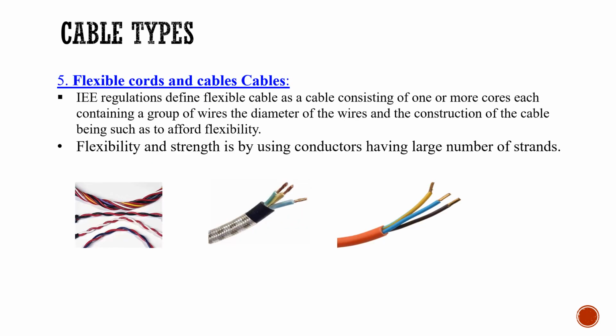Okay, this other type of cable is just a classification, not based on the insulation: flexible cord or cables. In IEE regulations, flexible cables are defined as cables that consist of one or more cords, each containing a group of wires, the diameter of the wires and the construction of the cable being such as to afford flexibility.